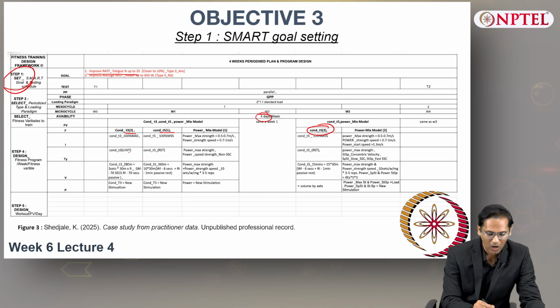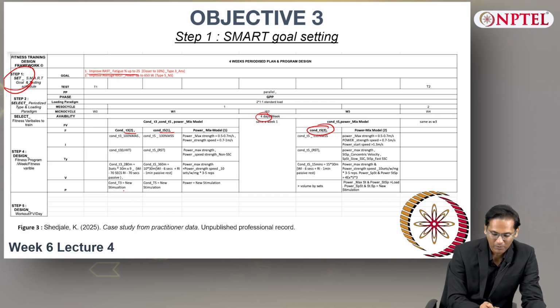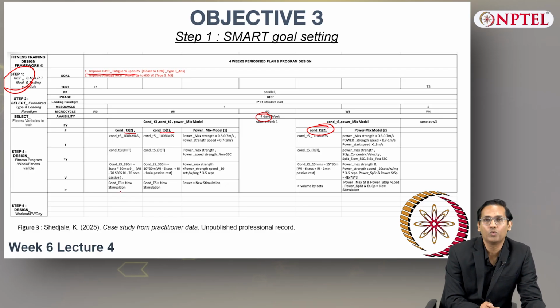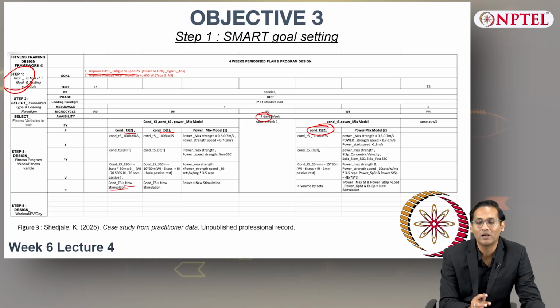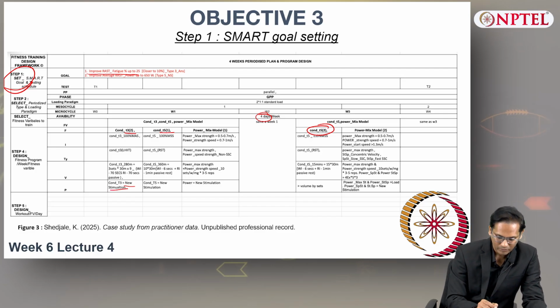Now let's see how the program looks. So with respect to increasing anaerobic conditioning to reduce the fatigue percentage, the progression is given as a new stimulation because the athlete has never trained to improve his anaerobic conditioning.